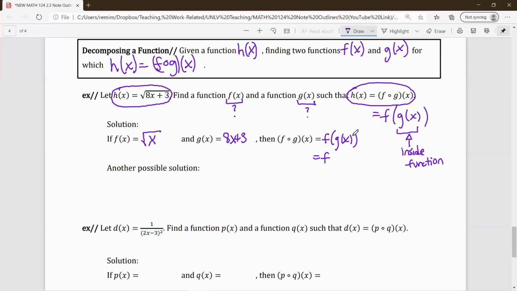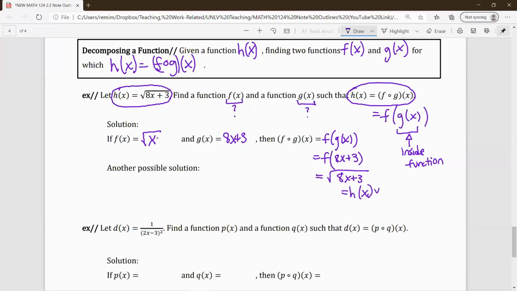So replace g of x with what we think it is, which is 8x plus 3, equals, and what this part's telling us to do is we take the 8x plus 3 and plug it into the f function, which we think is this. So we're going to take 8x plus 3 and put it in right there, and we will get the square root of 8x plus 3, which is what we wanted.